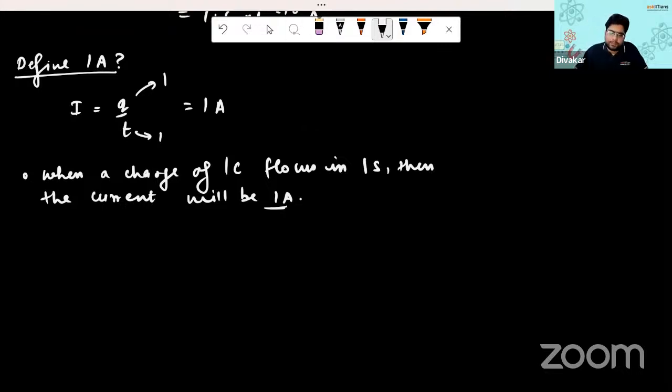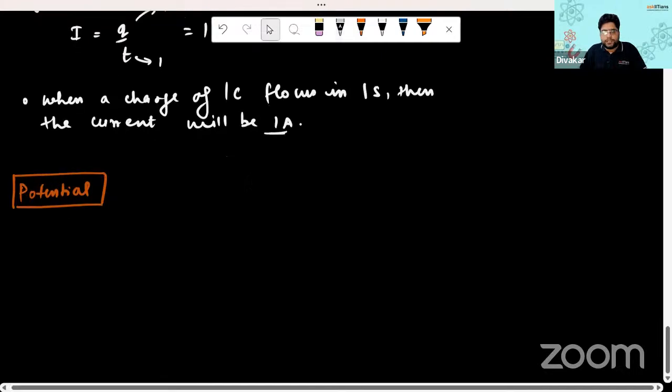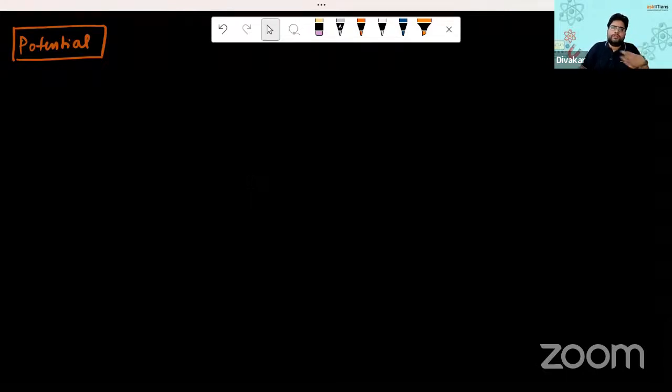After current, the property that comes is called potential. So let's try to understand what potential is. In your batteries, the batteries that you use at home, you will find something like 12 volt, 24 volt written on it.